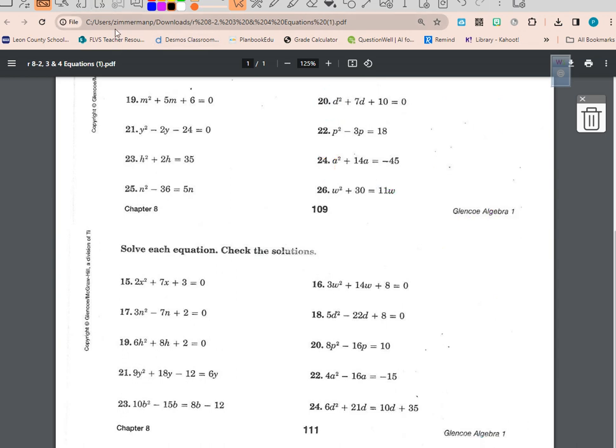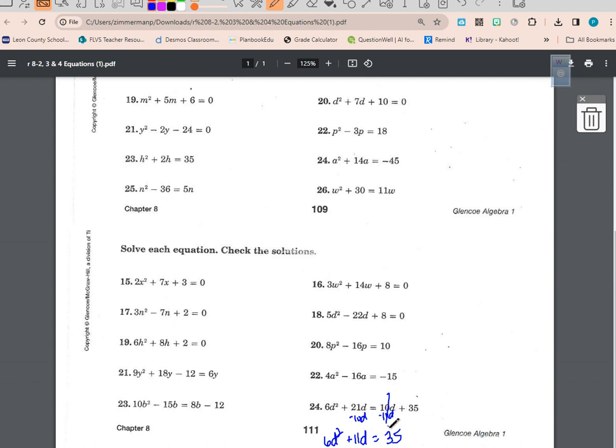So the bottom 24, the first thing we're going to do is get everything moved to the other side. And I'm going to run out of room, but I'm going to rewrite it. So I'm going to subtract 10d from both sides. So now I have 6d squared plus 11d equals 35.